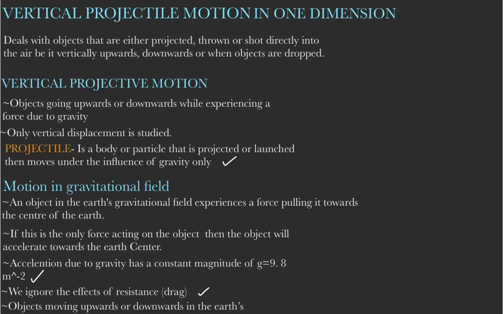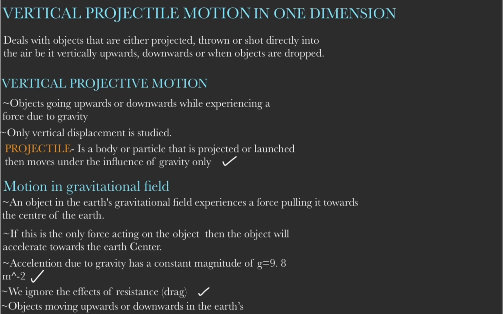In simple words, a projectile is an object that is either thrown into the air or dropped downwards from a certain height, and the only force acting on it is the force of gravity.